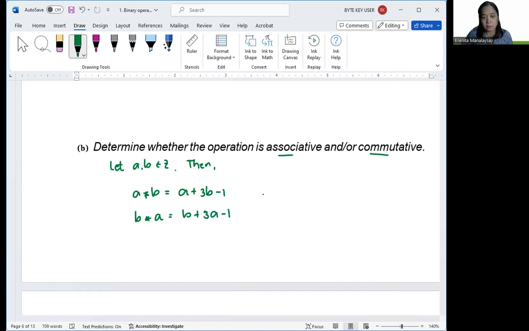Then A plus 3B minus 1 is not equal to B plus 3A minus 1.